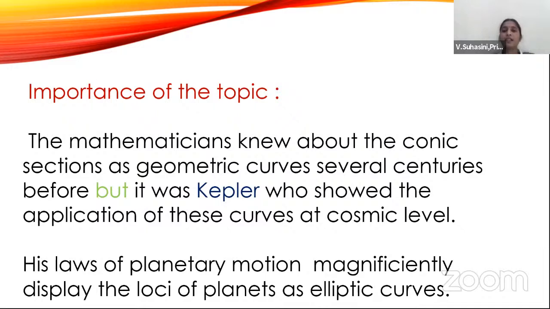And the great revolution in the field of science started from that. So our locus is a basis for today's science and technology. And the knowledge of this chapter, locus, helps you to understand the concepts in your second year also.